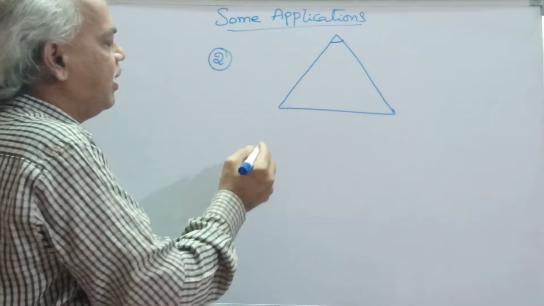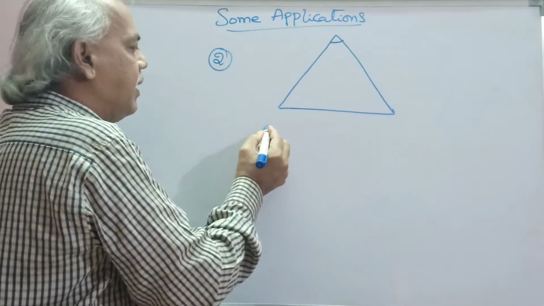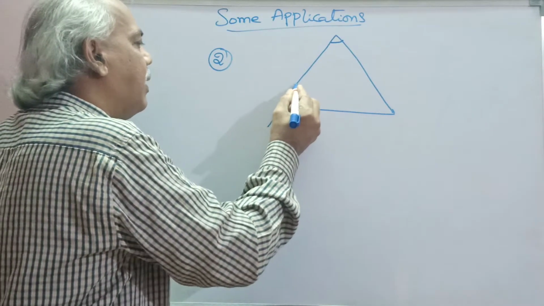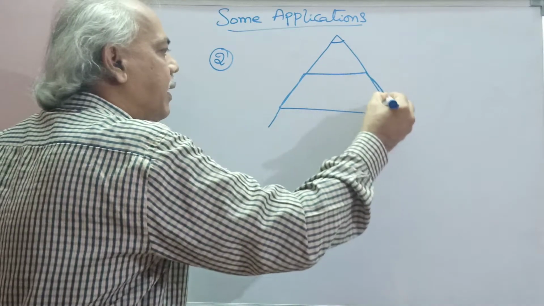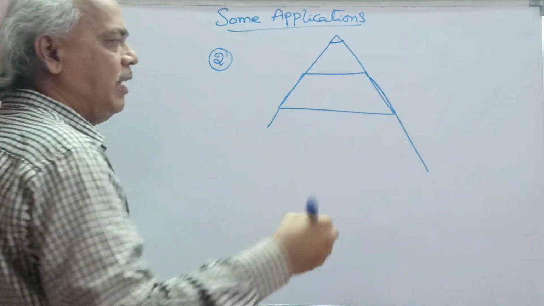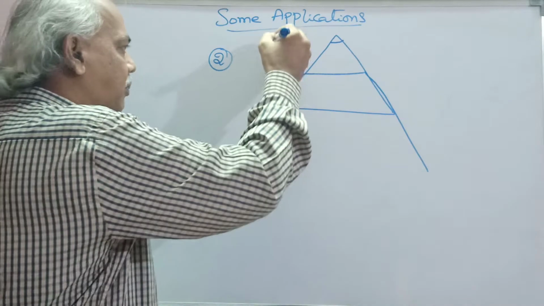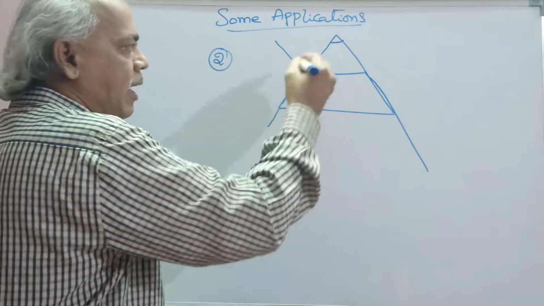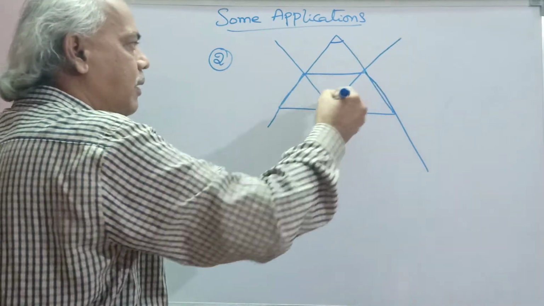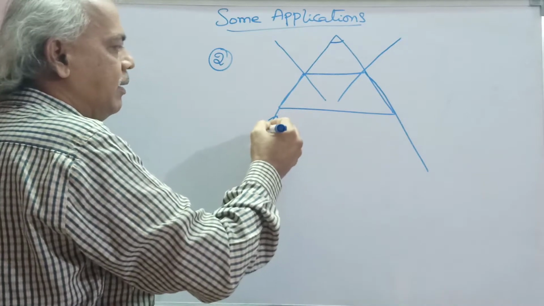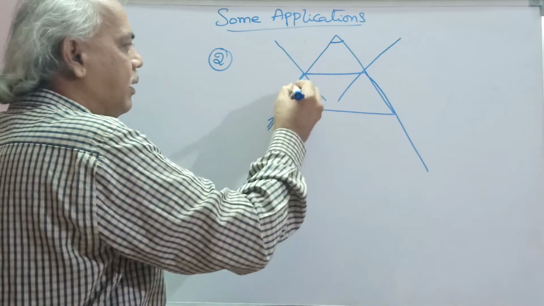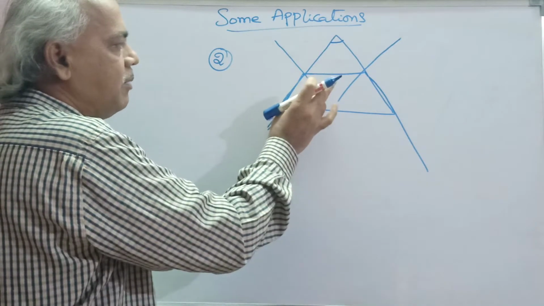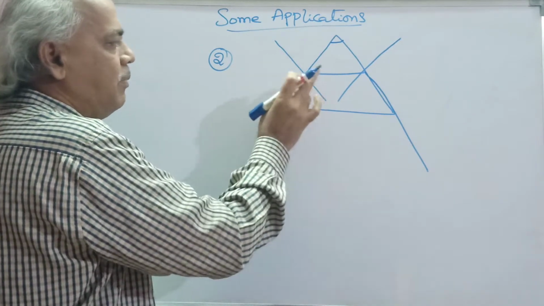In the second application, the incident ray grazes the boundary and after refraction it emerges grazingly. Suppose this is the normal, and that is also a normal. This is the incident ray, and it grazes the boundary, from the rarer medium air to the denser medium, the prism material.